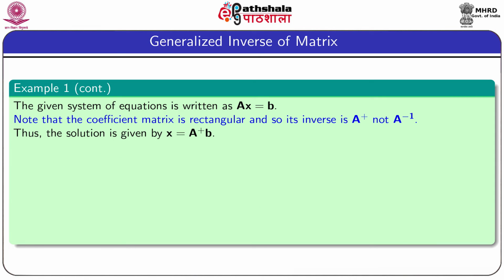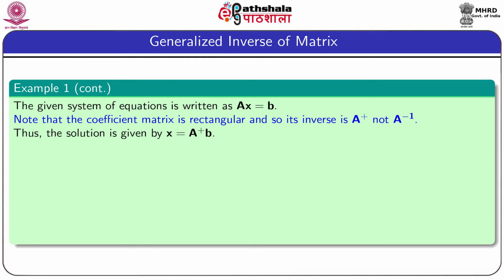The given system of equations can be written as Ax equal to B. Note that the coefficient matrix for this problem is rectangular and its inverse is A plus, not A inverse, not the conventional inverse, because the matrix is a rectangular matrix.